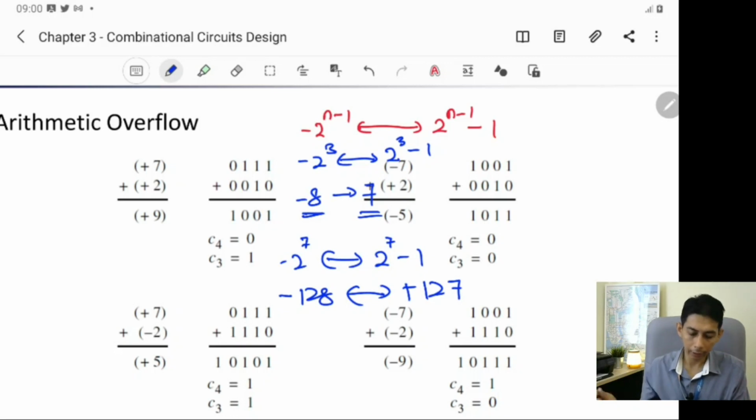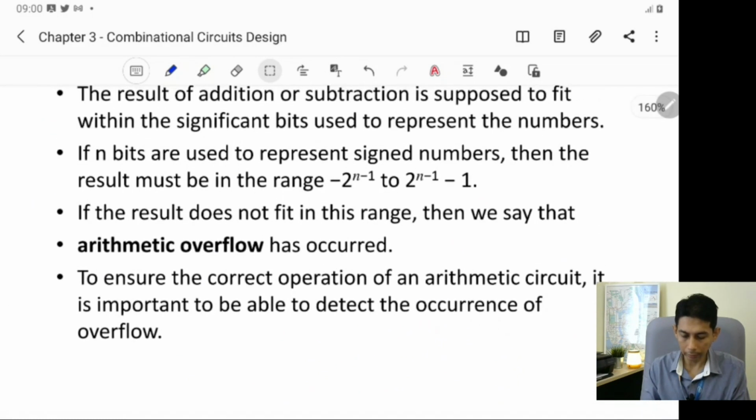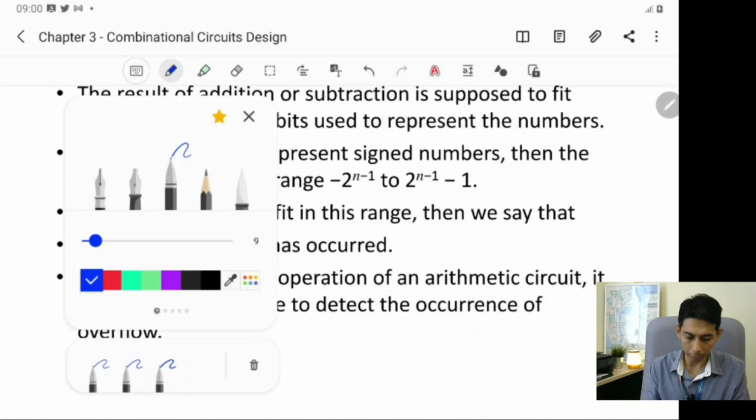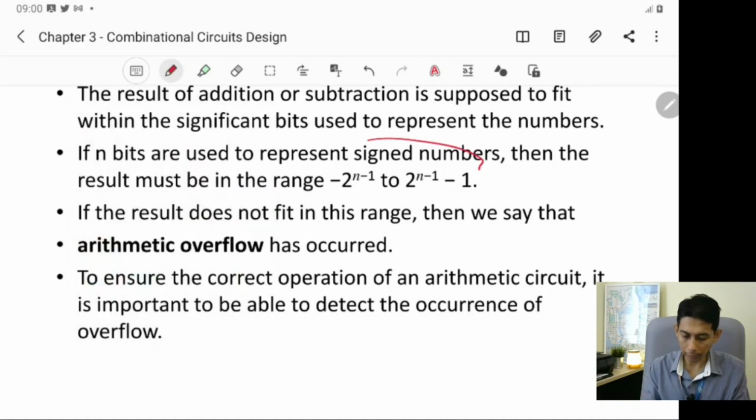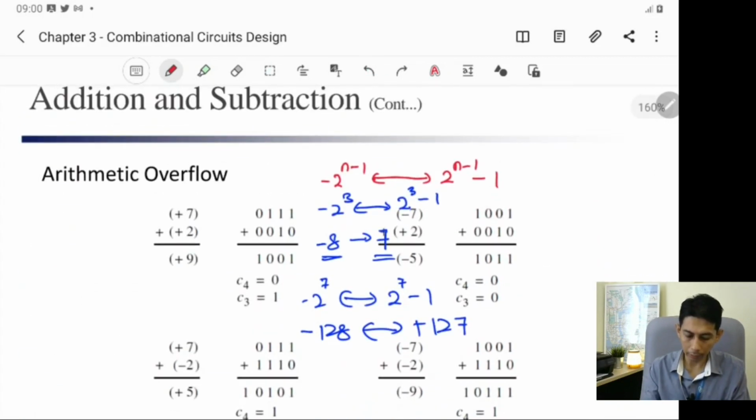If 16-bit, use the same equation, so you can get the limit for 16-bit and so on. This you can find in the notes, so you can refer back later. Okay, so let's go back to this.